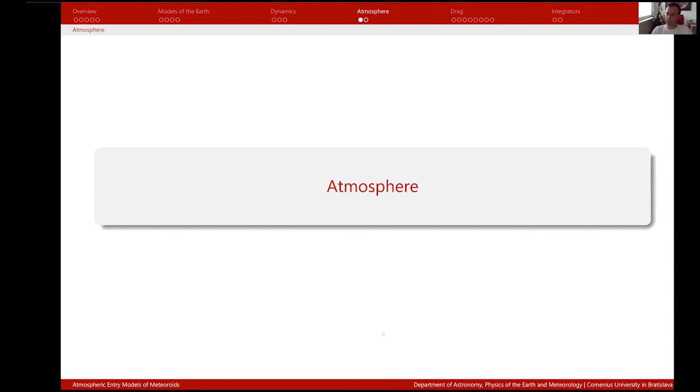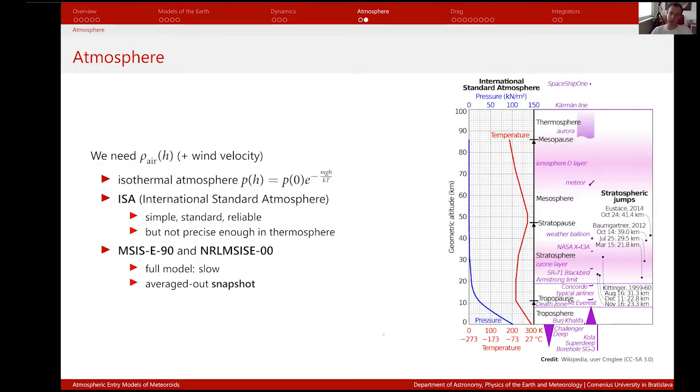As for the atmosphere, Carol is using the International Standard Atmosphere model. I've been experimenting with a very simple isothermal atmosphere where density is just an exponential with a scale height as its argument. It works, but not very well, especially higher up.